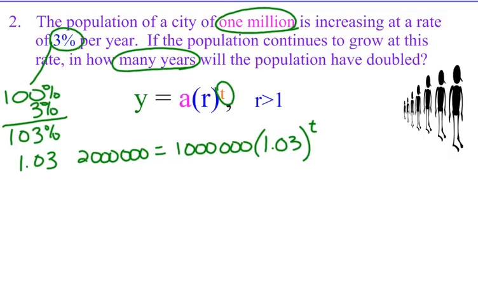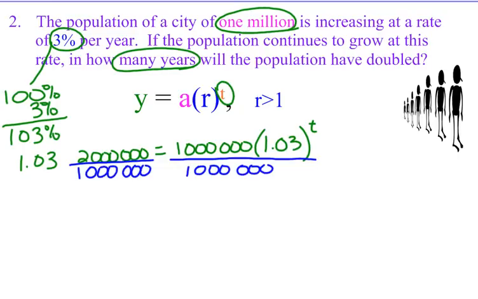To solve this now, hopefully you recognize this is why we learned about logs. I have a variable in the exponent. So the first thing I would do to solve this is I'm going to want to get my 1.03 to the t by itself. So I'm going to divide by 1 million. And I would then have 2 equals 1.03 to the t.